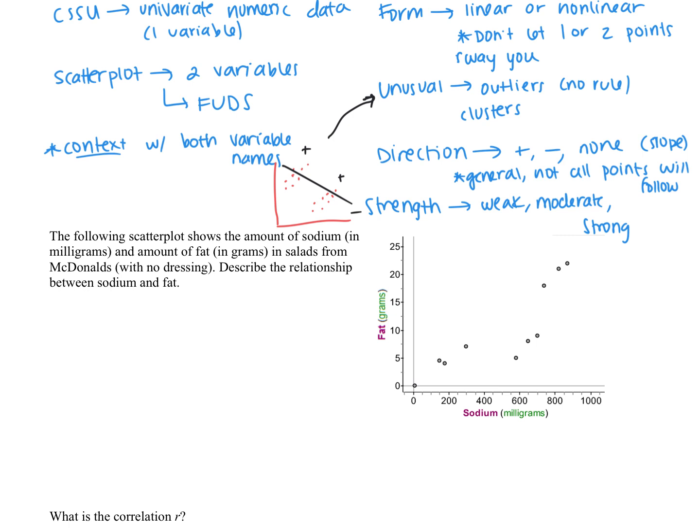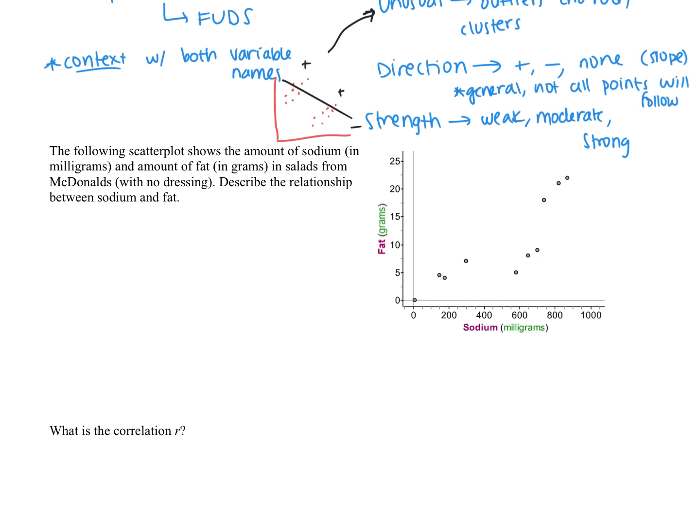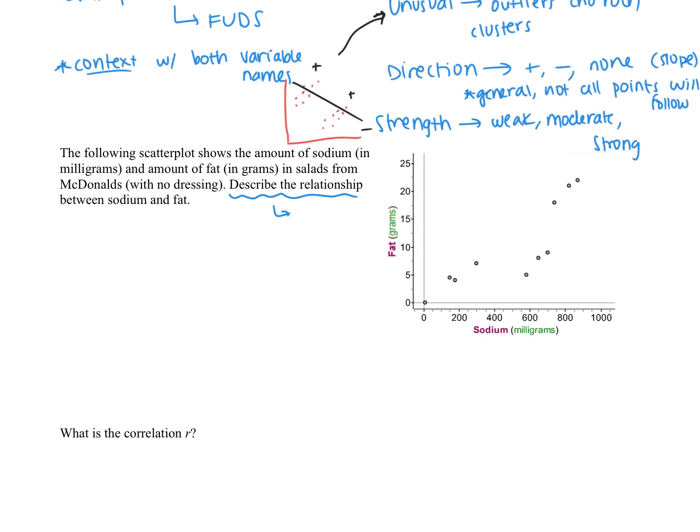Okay, the scatter plot shows the amount of sodium and the amount of fat in salads from McDonald's, salads that have no dressing. Describe the relationship between sodium and fat. So when it says describe the relationship, you are thinking to yourself, there are two variables.